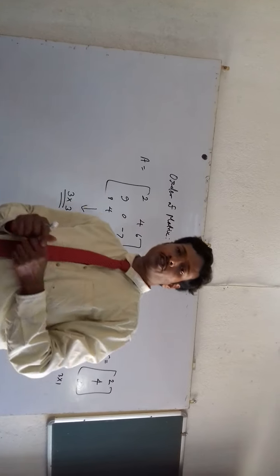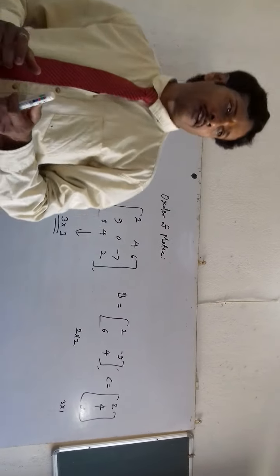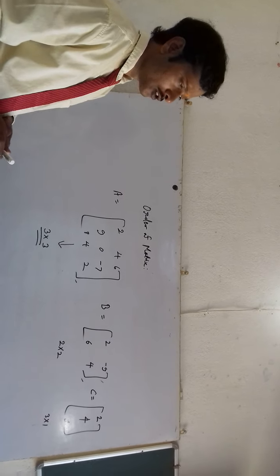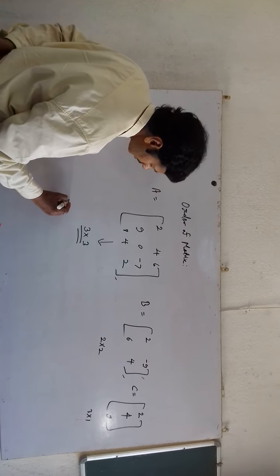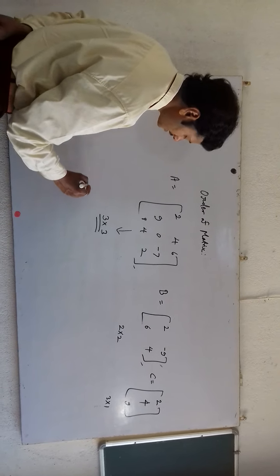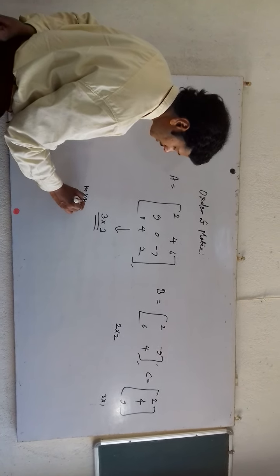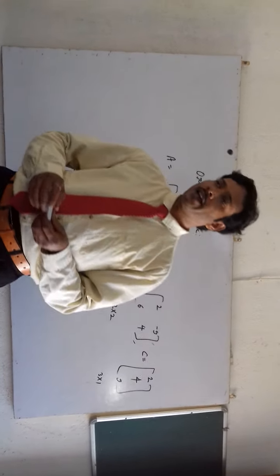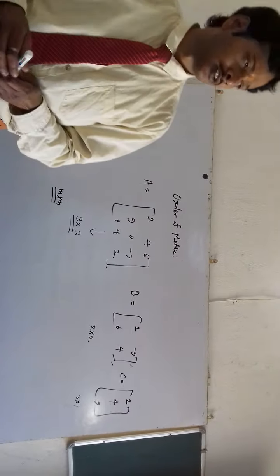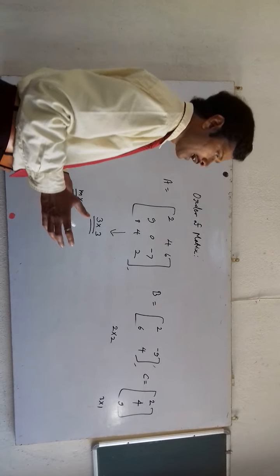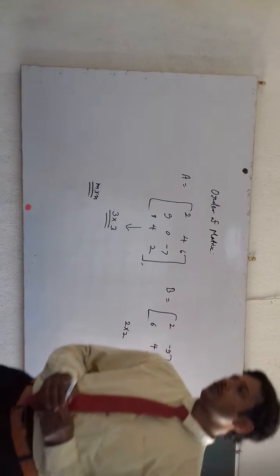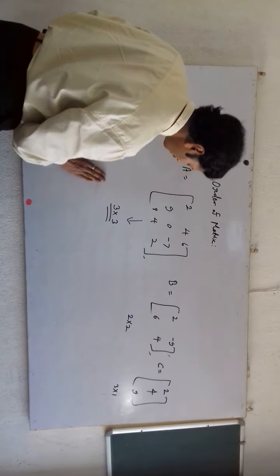So, if there are m rows and n columns in a matrix, we simply write the order of the matrix as m into n. To locate each and every element of the matrix, we simply add i and j as a suffix to find any number.